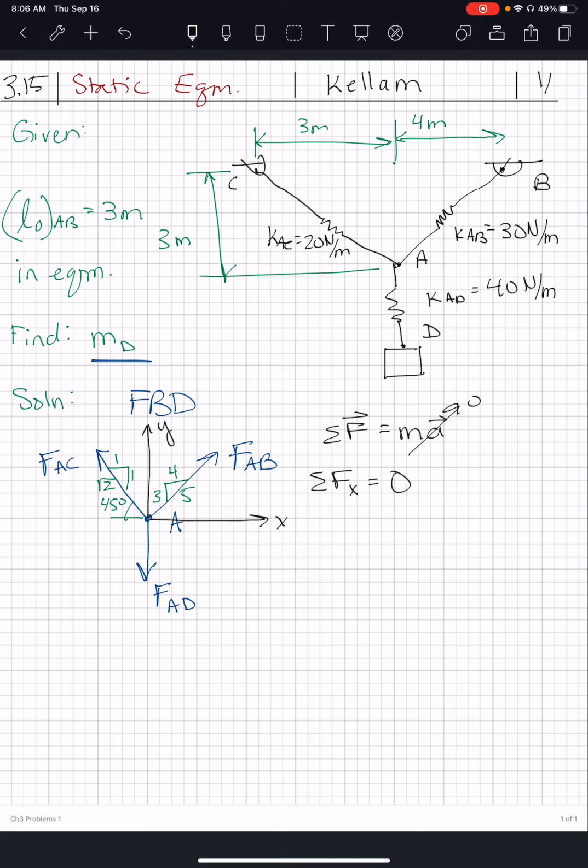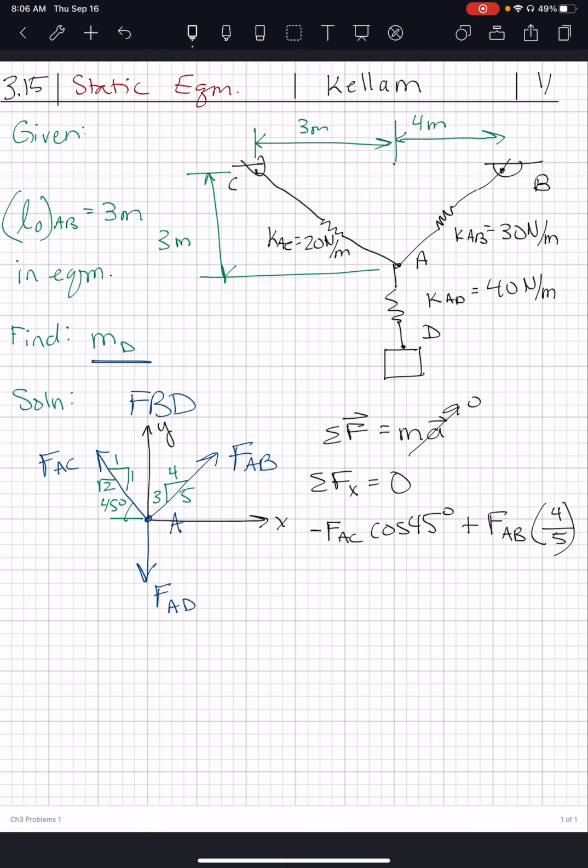Looking at the free body diagram, FAC is going to be in the negative x direction, so negative FAC cosine of 45 degrees, plus FAB times 4 over 5. FAD is all in the y direction, so that equals 0.